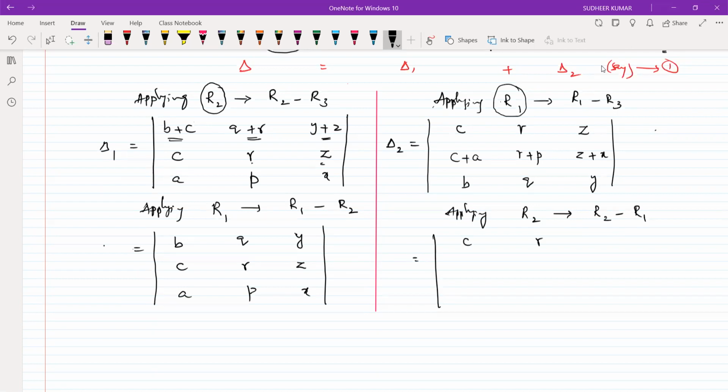So C, R, Z. C plus A minus C, so plus C minus C gets cancelled, remaining A. Here also R plus P minus R, plus R minus R gets cancelled, so P is left out. Next, Z plus X minus Z. Z minus Z cancel. So what will we get as the result? X. Then R3 remains the same. B, Q, Y.